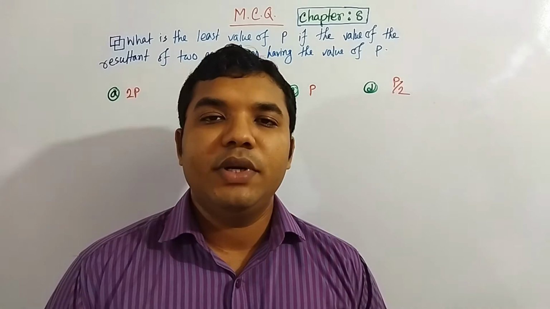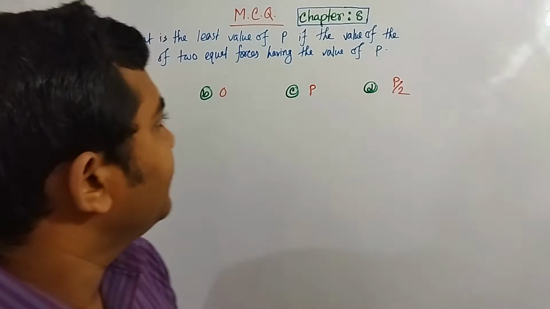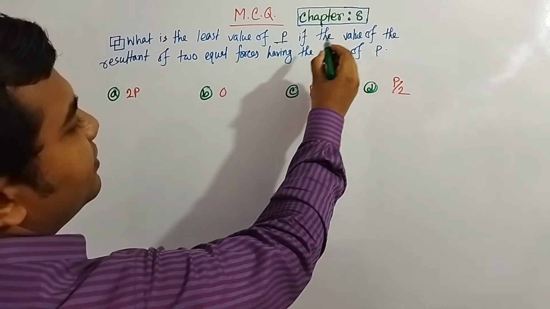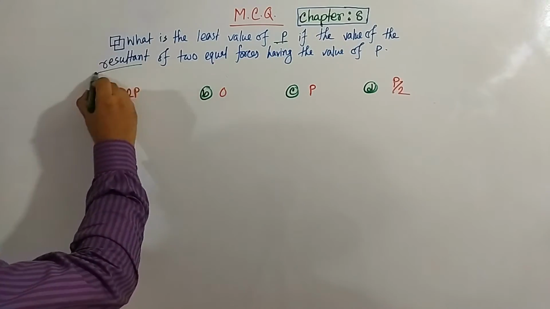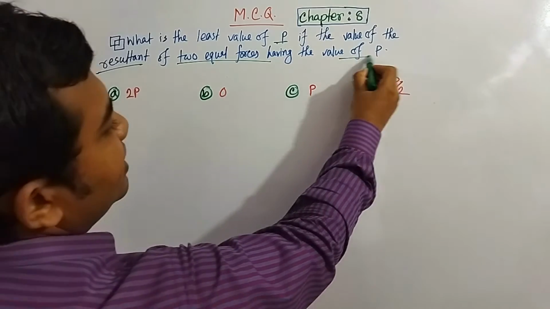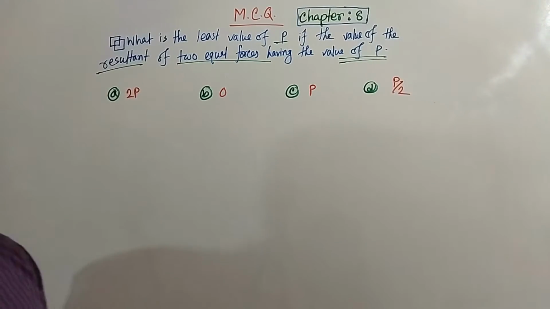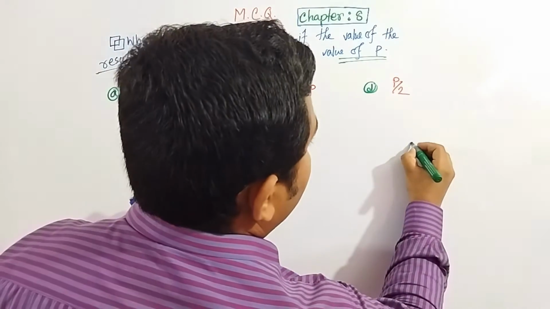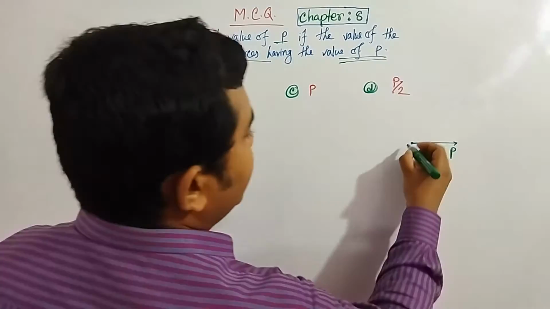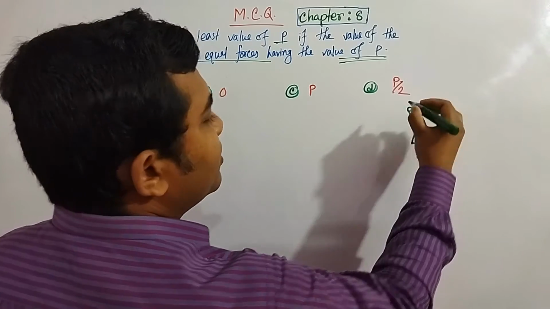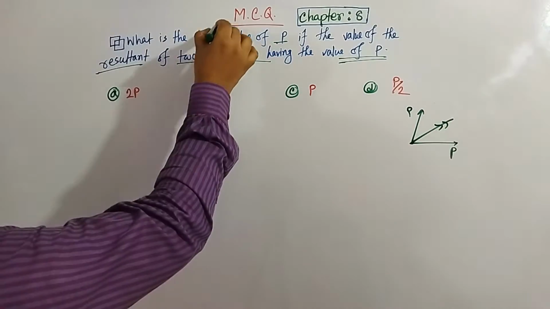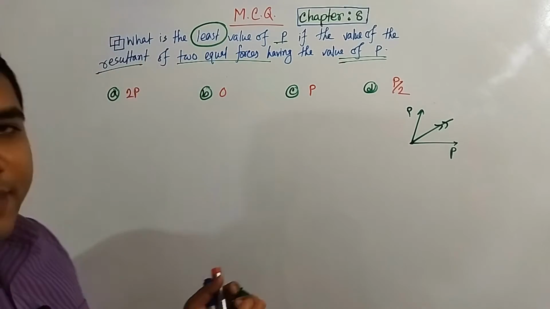So dear students, our next problem is: what is the least value of the resultant of two equal forces having the value P? That means there are two forces, say for example a force acting in this way, that is P, and another force is also P, and we have to find the resultant. But the question is, what is the least value of that resultant?